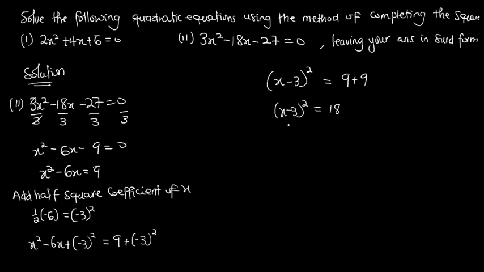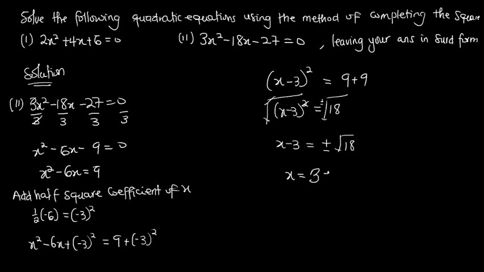So as usual, I need to get rid of the square by introducing my root, but if I introduce it over here, I need to add plus or minus. So this cancels this, and I have x minus 3 is equal to plus or minus the root of 18. Right, so from here I can write my x is equal to, I send the 3 to the other side of the equal sign, it becomes positive.